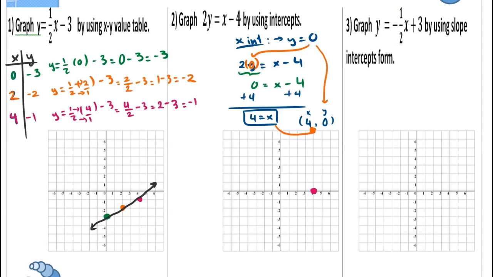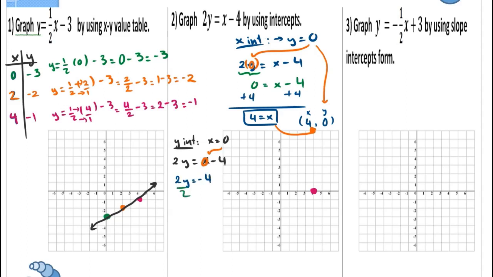Now what we're going to do is solve for the y-intercept. For the X-intercept, y is 0; for the y-intercept, x equals 0. So 2y equals x minus 4. When x is 0, that will be 0 minus 4. That will give you 2y equals negative 4.